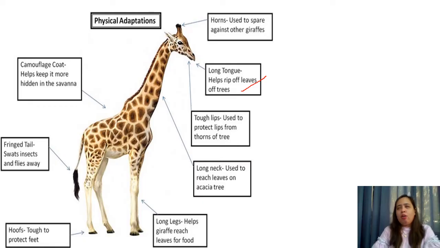Of course, that's wrong. Remember nung we have in here the short neck and the long neck giraffes. Syempre nawala because of environmental condition, food resource, nawala ang mga short neck, at ang natira na lang ay mga long neck na kayang mag-reach sa matataas na trees, no?